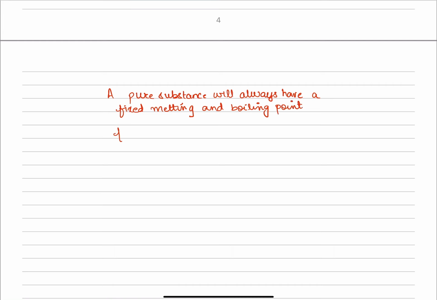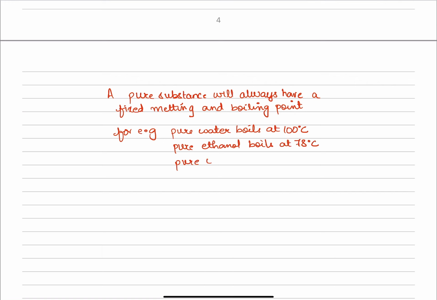For example, pure water boils at 100 degrees Celsius. Pure ethanol boils at 78 degrees Celsius.